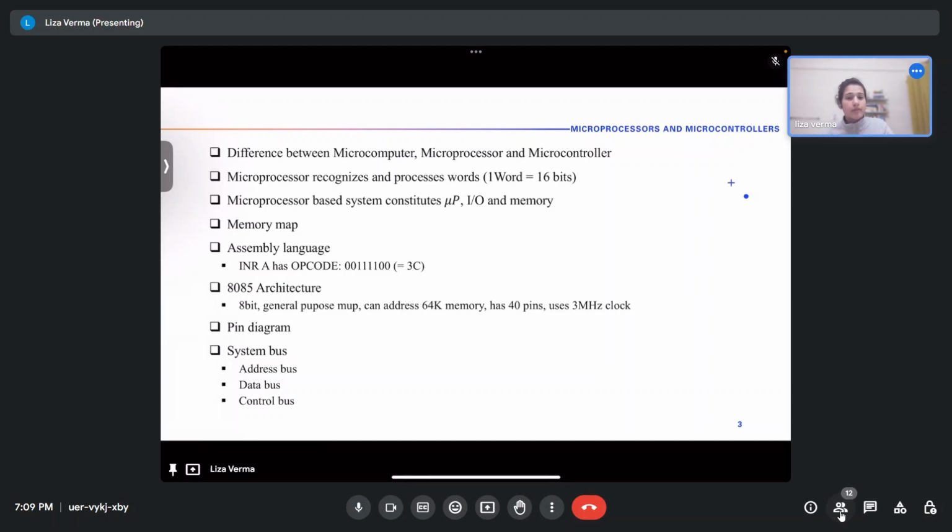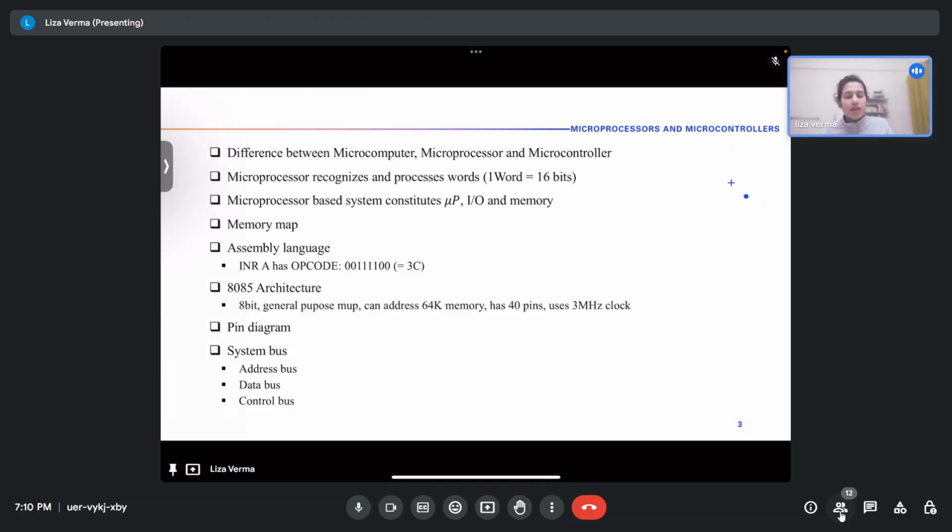Is there any doubt? Okay, so let me first start with what they are. A microcomputer is just a computer with memory and everything, but the main thing is its processing unit is a microprocessor. Any computer whose processing unit is a microprocessor is called a microcomputer.